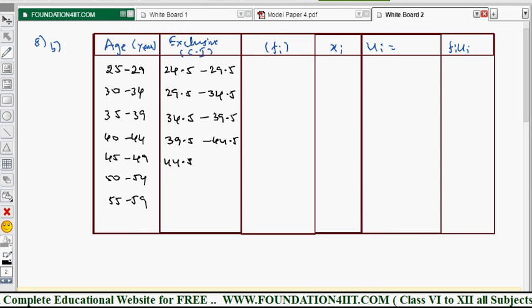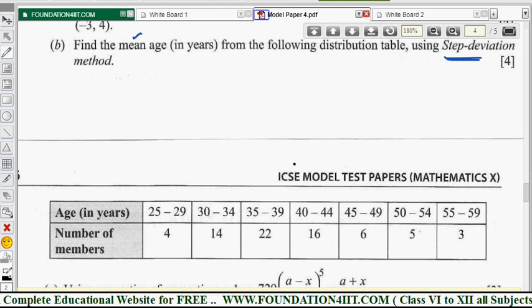Again 44.5 to 49.5, 49.5 to 54.5, and the last one is 54.5 to 59.5. So this is given, and the frequency is also given: 4, 14, 22, 16, 6, 5, 3. Okay, this is the given data from the question.